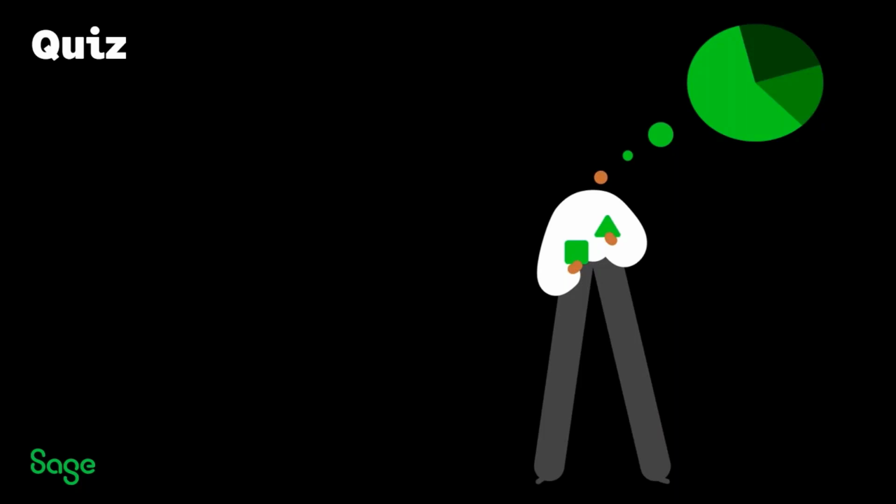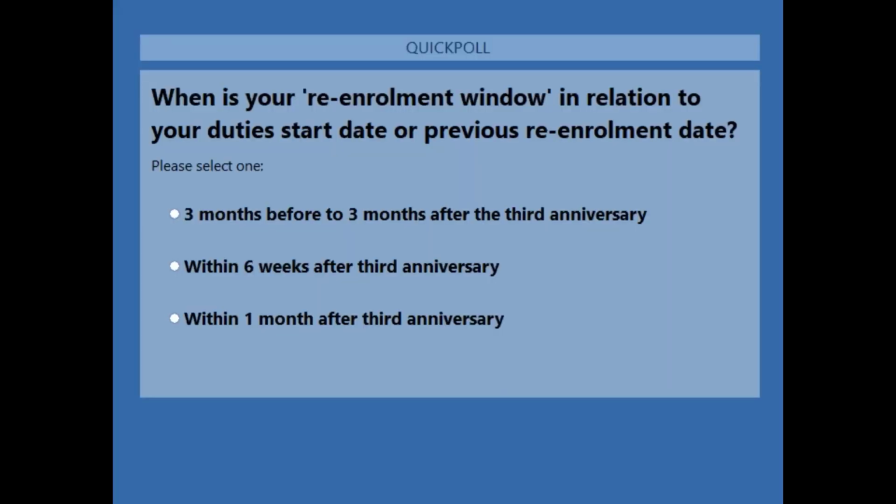So first question here is, when is your re-enrolment window in relation to your duty start date or previous re-enrolment date? Is that re-enrolment window 3 months before to 3 months after the third anniversary?